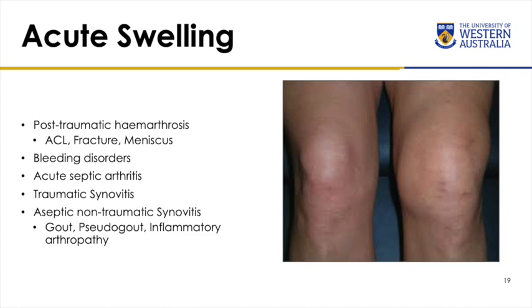X-ray is essential to ensure there is no fracture. If there is no fracture, then other possibilities are an intra-articular ligament injury such as ACL or a meniscal tear. Patients that have coagulation disorders will commonly present with an acute bleed in the knee.